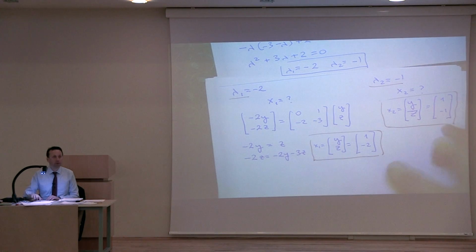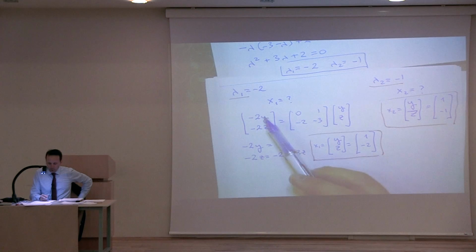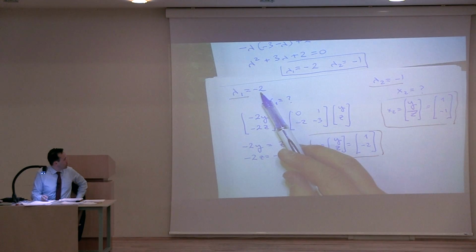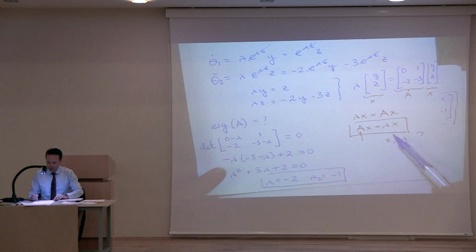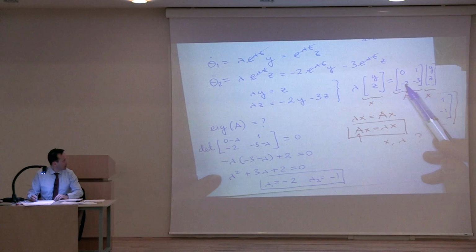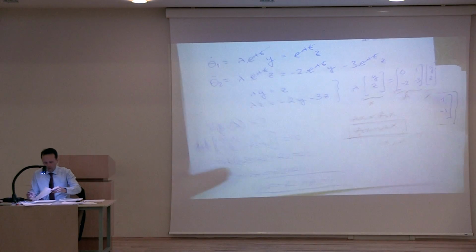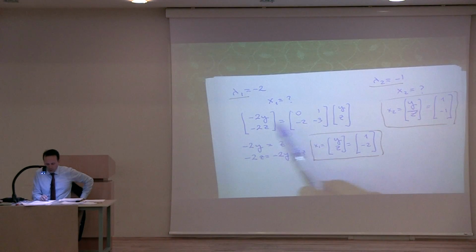Do you find these things? It's basically here. You put the eigenvalue that you find, minus 2, into this equation here, and try to find y and z. And when you put it into that equation, you get this one.